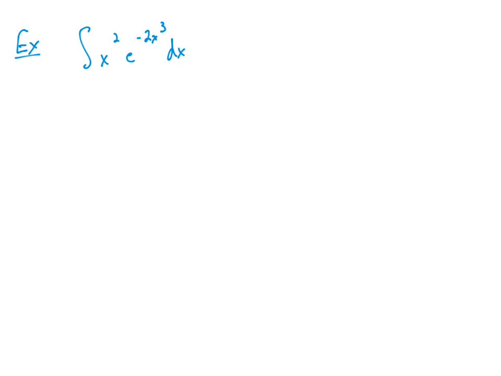Okay, let's look at this next one. We have the integral of x squared times e to the negative 2x cubed. What we notice is that if we take the derivative of negative 2x cubed, we're going to end up with something in the form of x squared. So we can do a u substitution here.